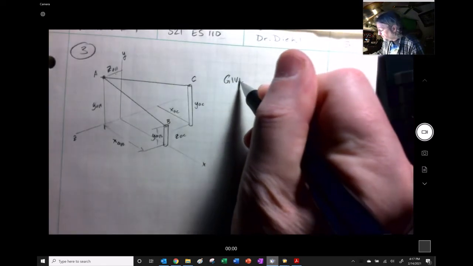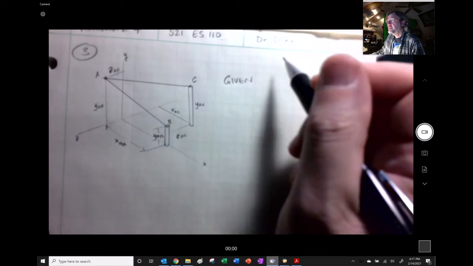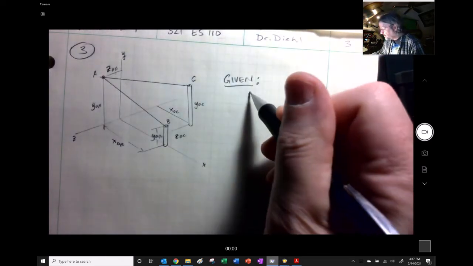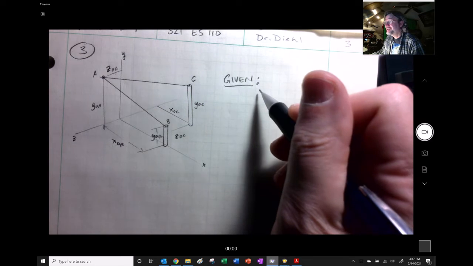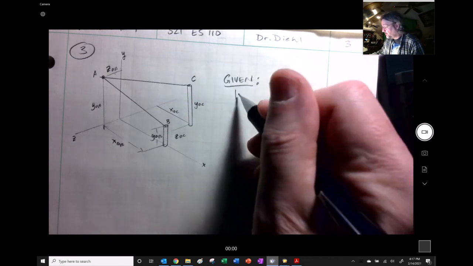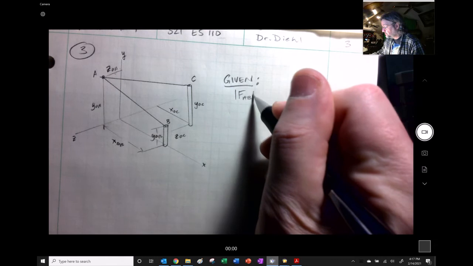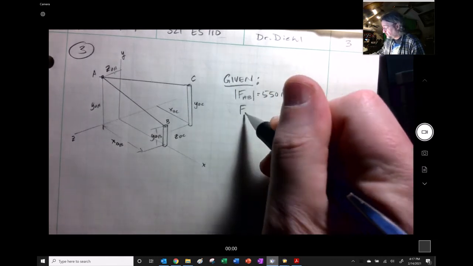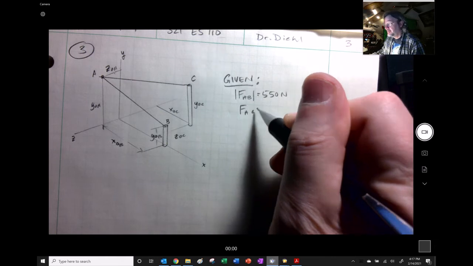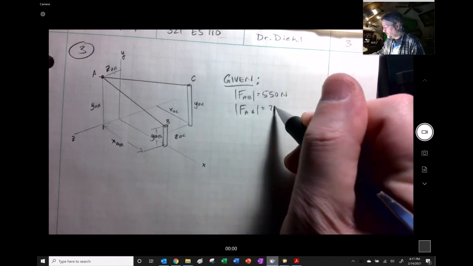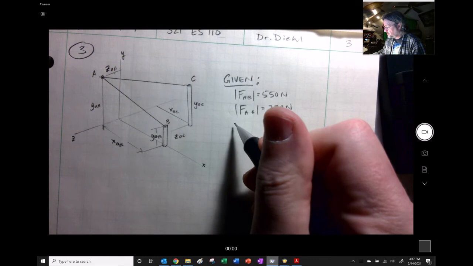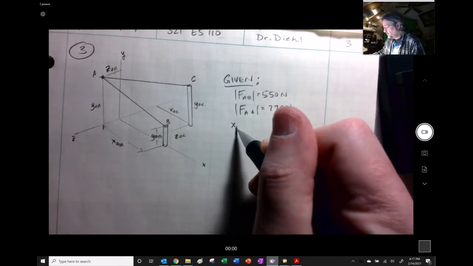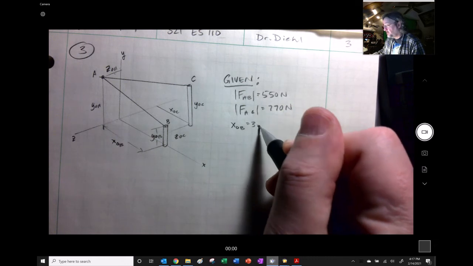And given, we said that the force AB is 550 newtons. The force in AC, the absolute value, is 770 newtons. And then we have these dimensions, a lot of them. XOB is equal to 3 meters.